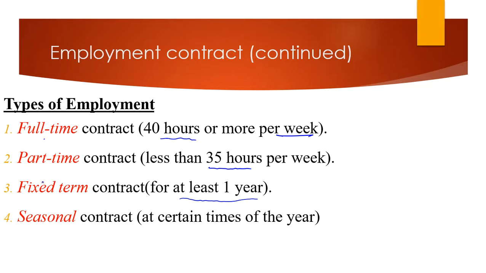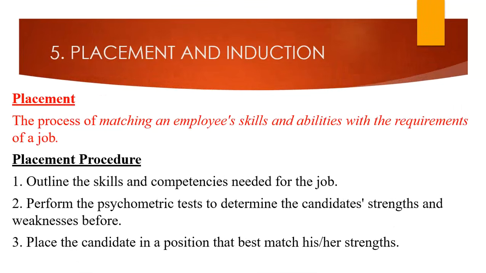So once we've decided the employment contract that we're going to give this employee, now we can place them in the job. All right, placement and induction. Let's start with placement. Placement is basically matching the employee's skills and abilities with the requirements of the job.